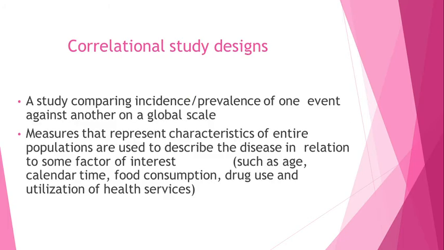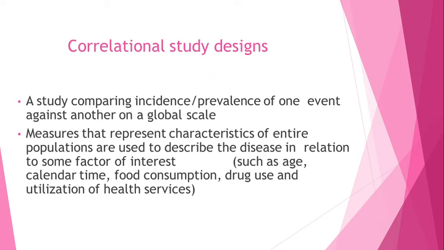Then we come to correlation studies. This is a study comparing either the incidence or prevalence of one event against another event on a global scale. It uses measures that represent characteristics of an entire population to describe the disease in relation to some factors of interest, such as the age of the patient, calendar time, the type of food consumed, any drug other than that used, and the utilization of health services.